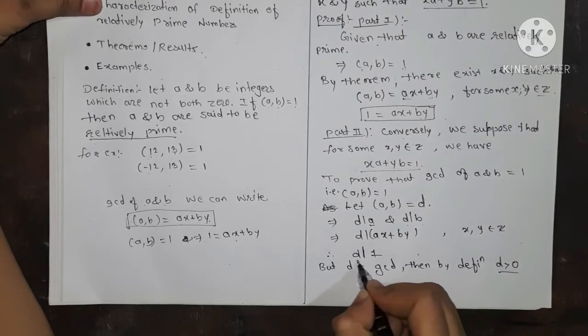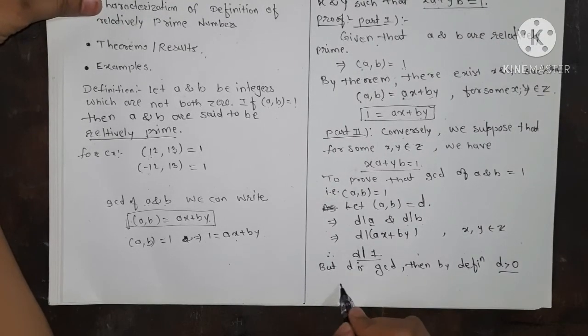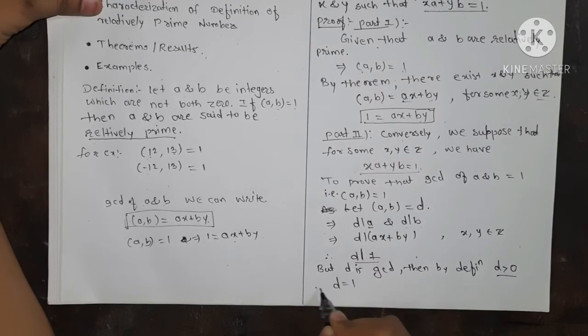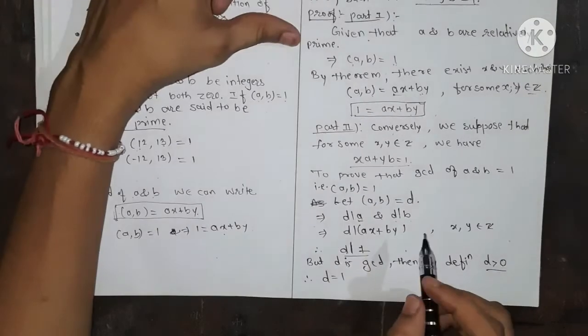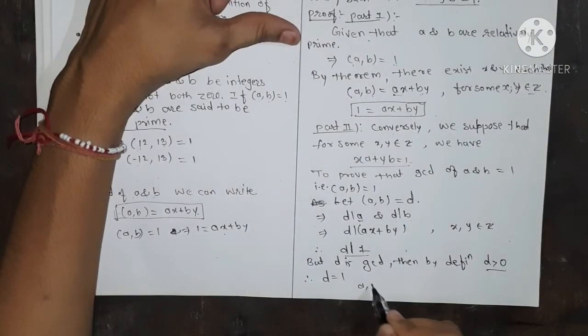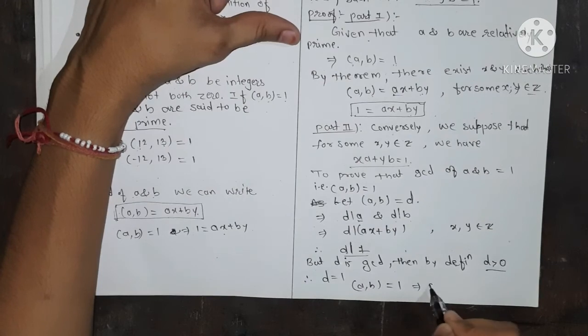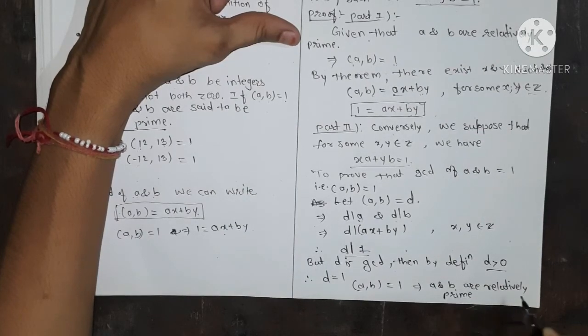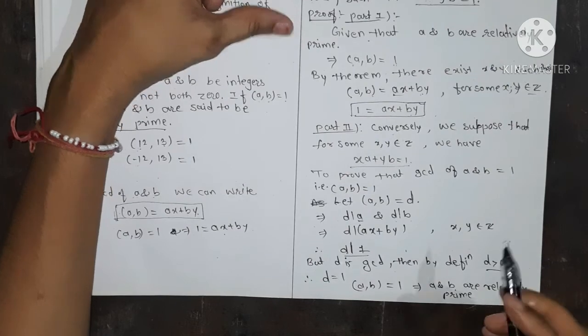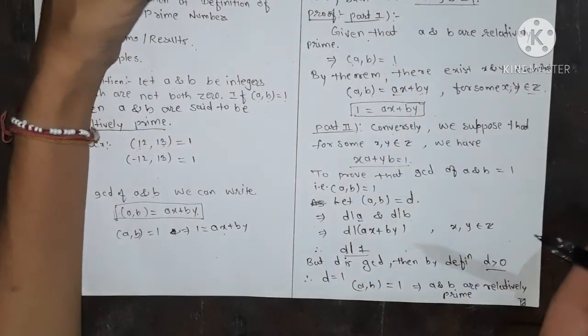Therefore from these two conditions, the only possibility is that d equals 1. Okay, so d equals 1 implies the GCD of a comma b is equal to 1. This implies a and b are relatively prime. Hence the proof. So this proves our part 1 and part 2.